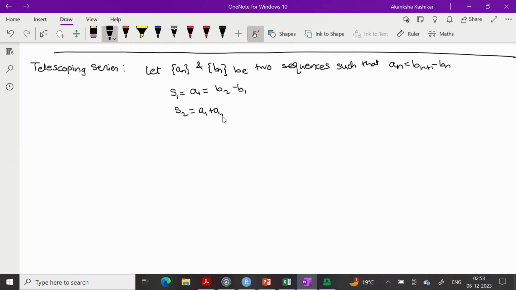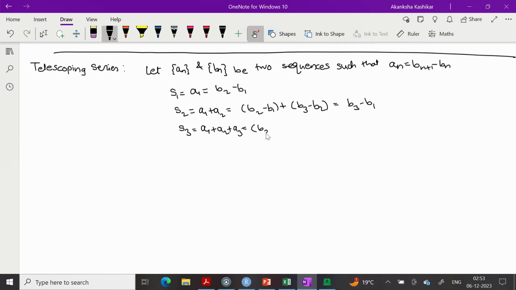S2 is a1 plus a2. a1 is b2 minus b1, plus a2 is b3 minus b2. So this is same as b3 minus b1. S3 is a1 plus a2 plus a3.